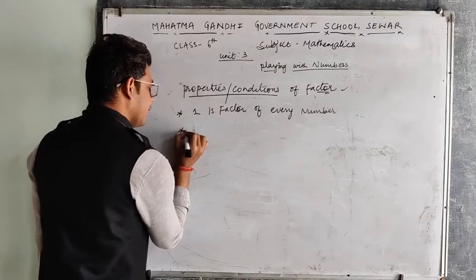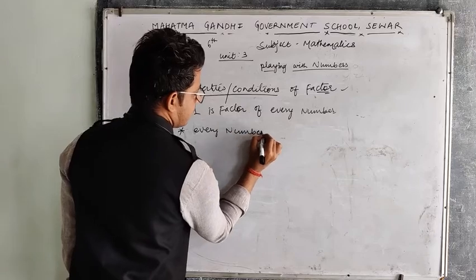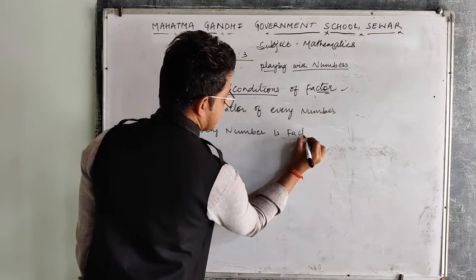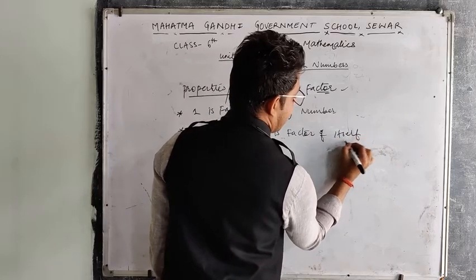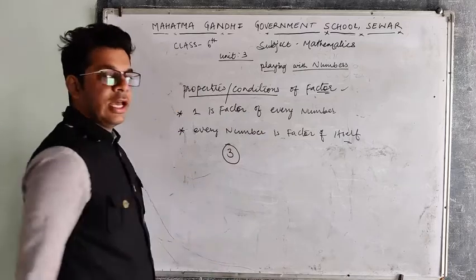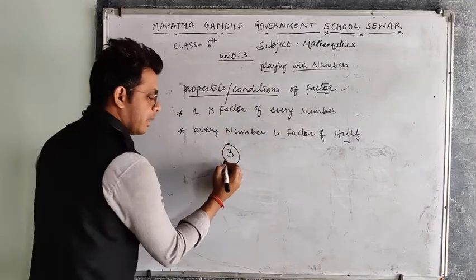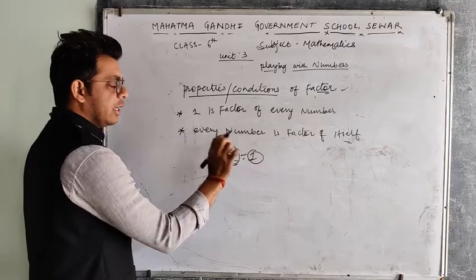Second thing, every number is a factor of itself. If I am calculating factors of 3 and divide this 3 by the same number, that is 3, it is completely divisible. 3 ones are 3.